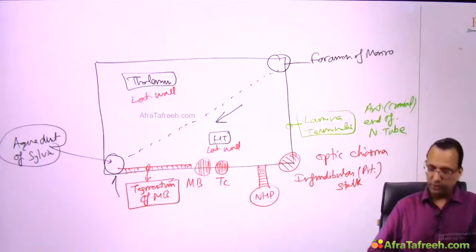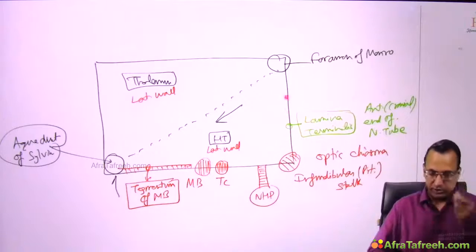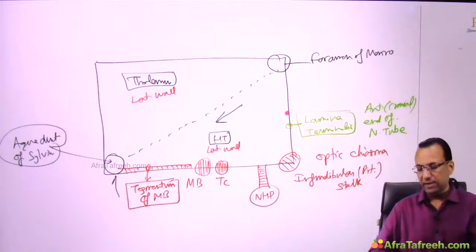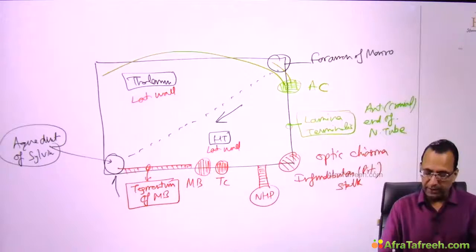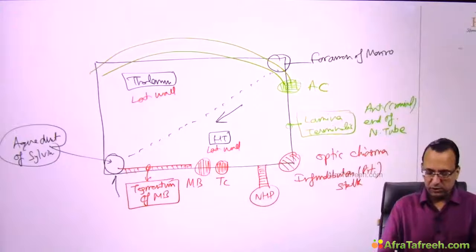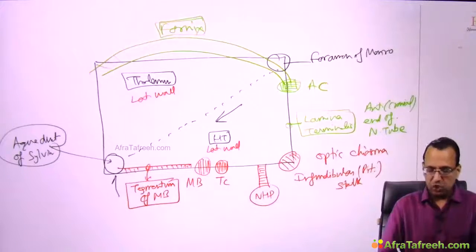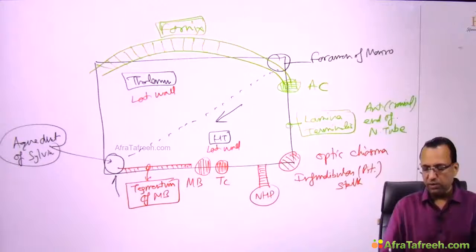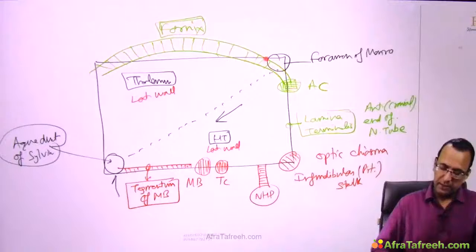It forms the anterior boundary of the third ventricle along with the anterior commissure. This is the anterior commissure anteriorly, and also you will see the fornix beginning. The fornix is basically the roof of the third ventricle, but it is also coming slightly anteriorly as well.